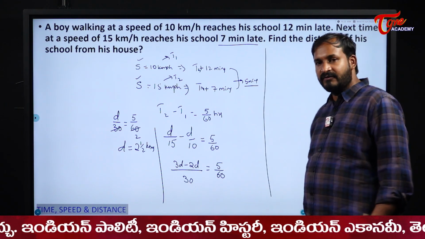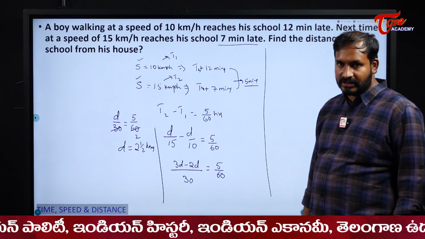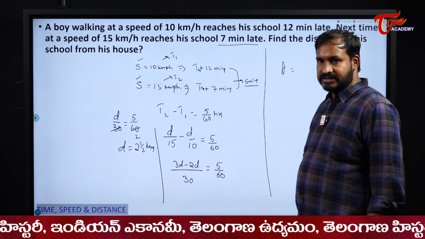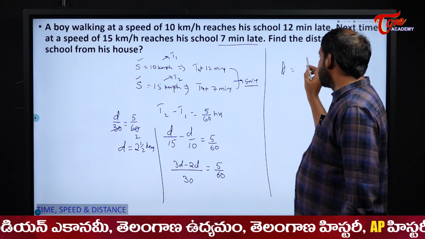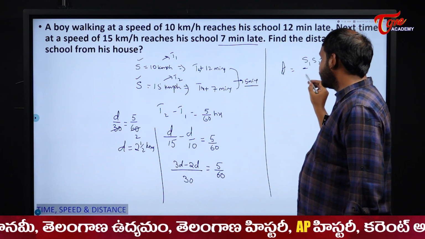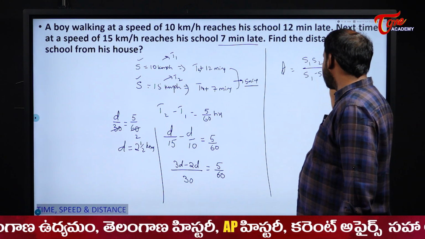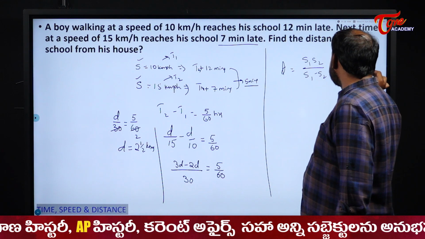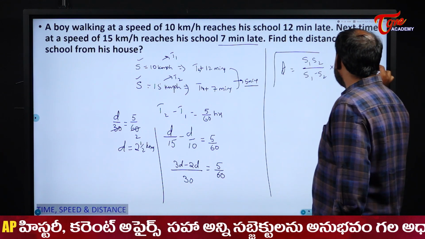Now, sir, what is the shortcut formula for this one? Distance is equal to S1 S2 by S1 minus S2 into the difference of time. How was this formula derived? I will tell you, don't worry.